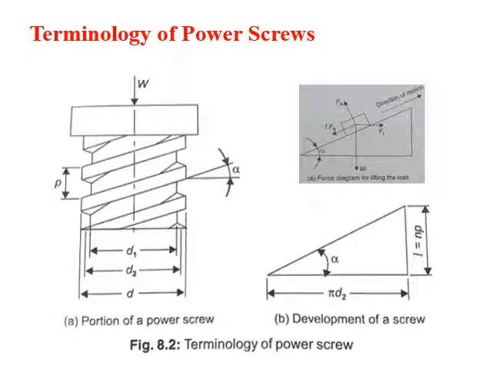If you develop one thread of the screw, it shows the lead L equal to N into P, and the length of the other side is pi D2, where D2 is the mean diameter of the screw, d1 is the core diameter, and d is the outer diameter of the power screw.